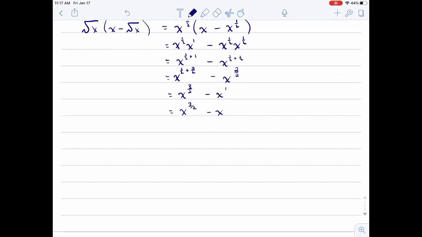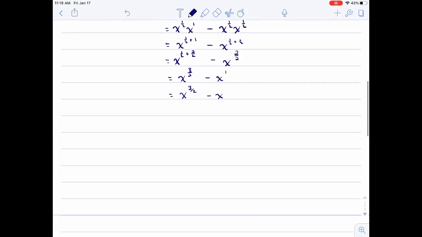We talked about how we can rewrite x to the power of 3 over 2 as the square root of x to the power of 3, which is just x square root x, right? Yes, it is. So you can separate them again if you want, or keep them together. But I'm going to write them as the square root of x to the power of 3 minus x.